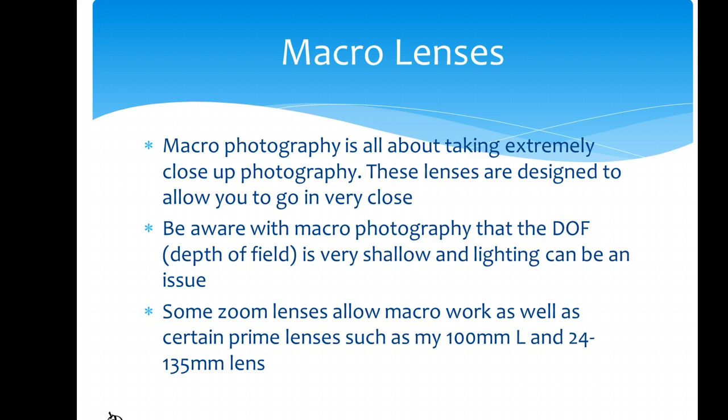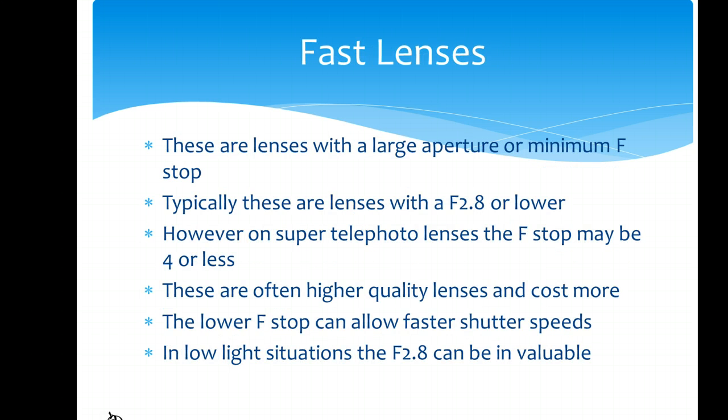You can get ring lights that are specifically designed for macro work. If you're using flash, you really have to make sure you have a balance of flash to get correct lighting. Certain zoom lenses will allow you to do macro work as well. They're not going to get as tight as a specifically designed macro lens, but they can get some very nice close shots.